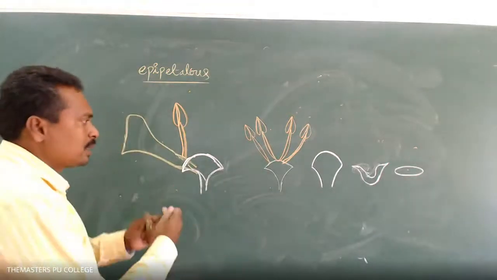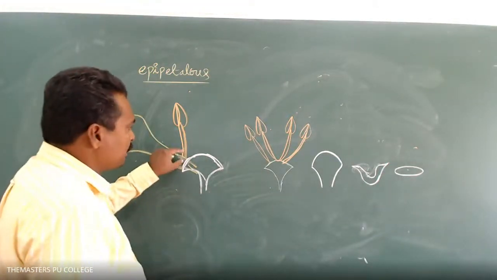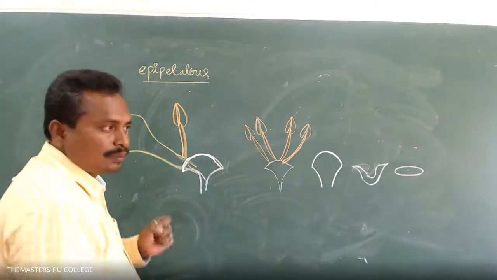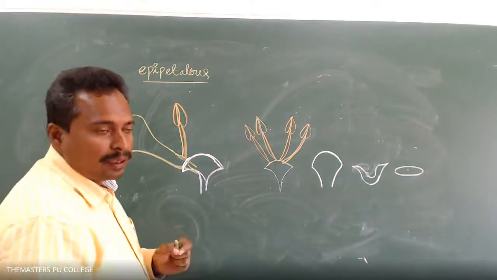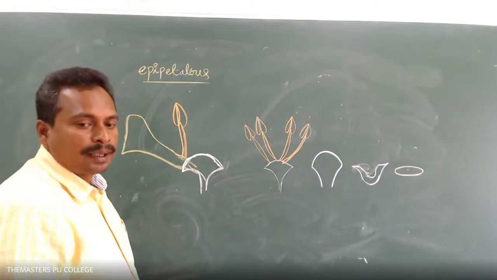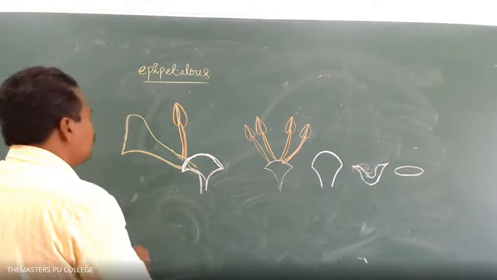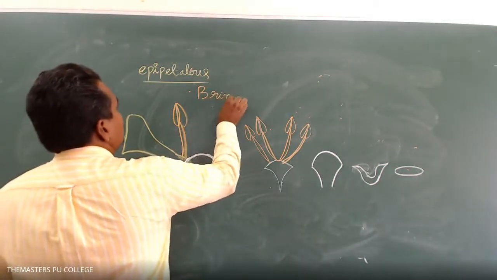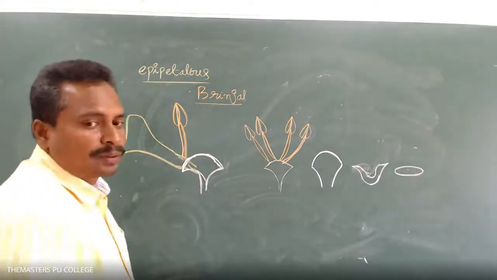Depending upon that shape, in some of the plant species, the base of the stamens, that means the filament, is attached to the petals. Epipetalous condition is seen in brinjal plants.